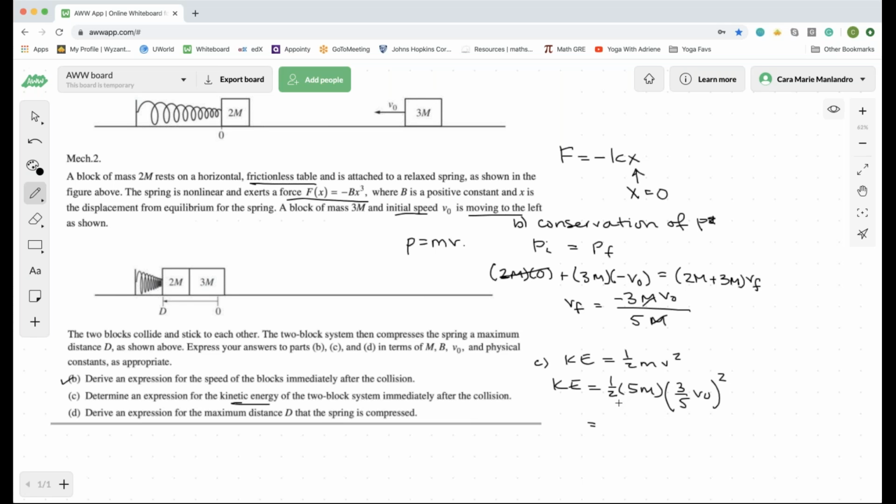Then we can crunch the numbers. So we have 5/2 m times 9/25 v naught squared, so that is 9/10 m v naught squared.